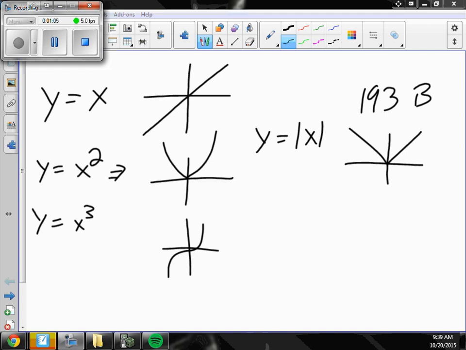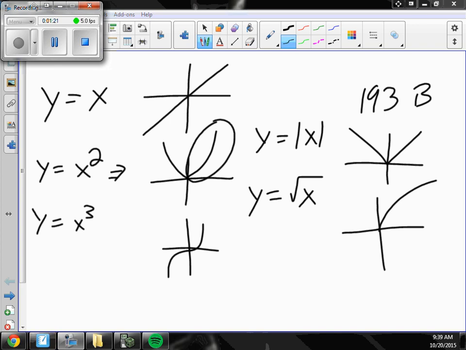Okay, what about y equals the square root of x? What does that look like? It's sort of like half of a parabola, but it's been flipped. So it starts at the origin and it goes like that.